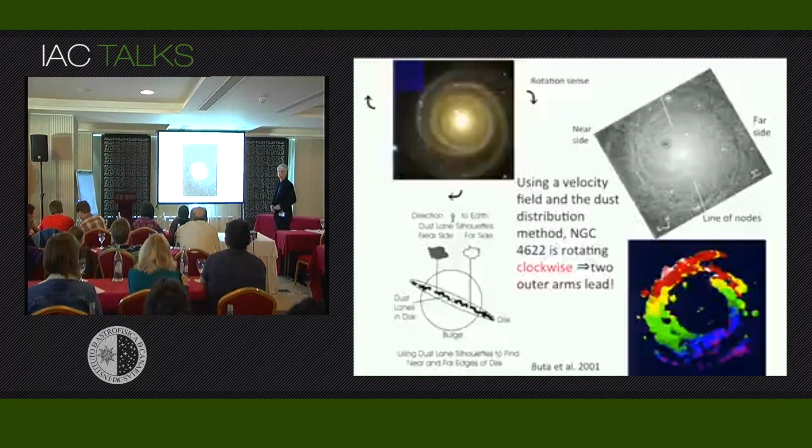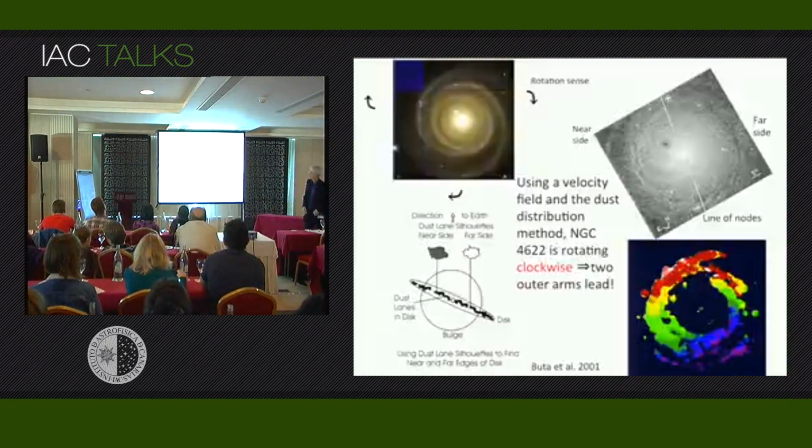And, well, it's hard to see. There's a color image at the upper left, an HST color image of this galaxy. How do you figure out the sense of winding of the spiral arms? Well, the first thing you need is a velocity field. And at lower right, I showed the Fabry-Perot velocity field of NGC 4622. And it's color-coded such that the red parts are receding and the blue parts are approaching.